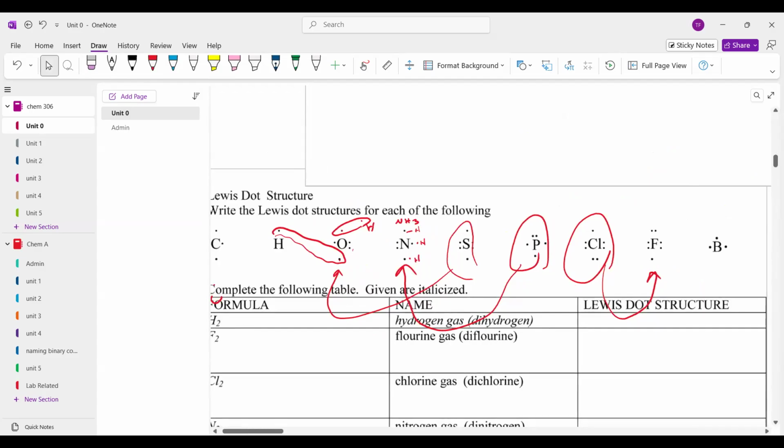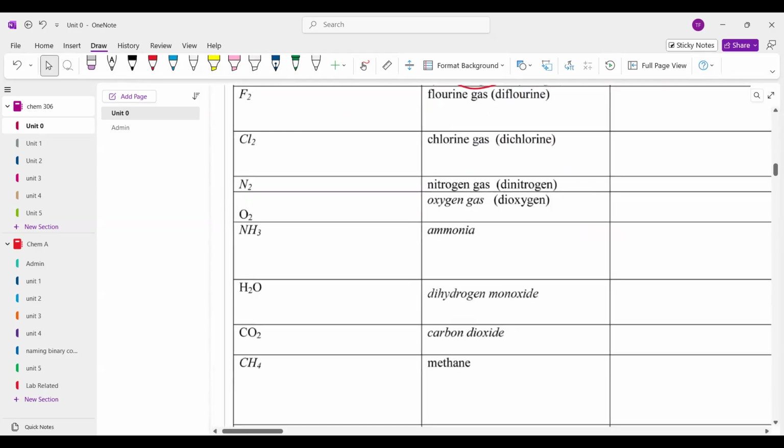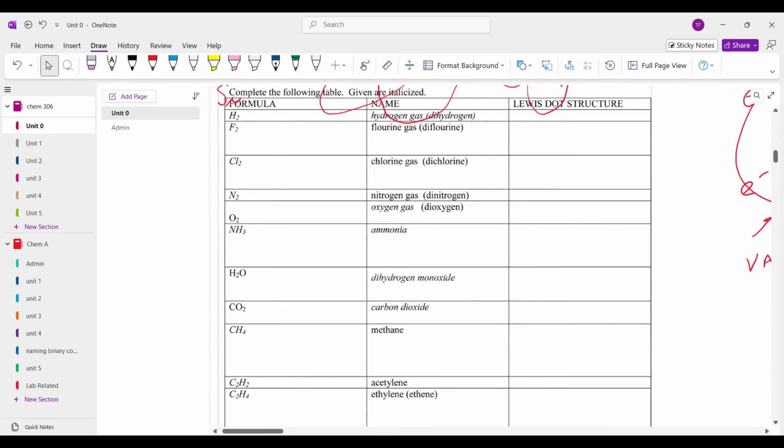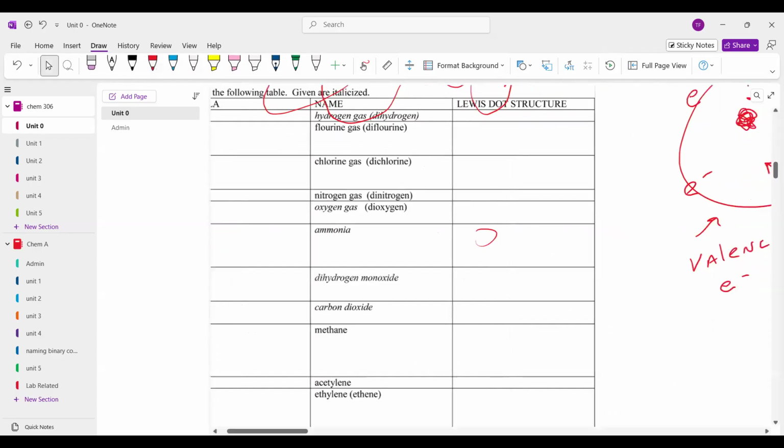Okay, so let's go and do some of these now. The idea here is you have a formula, and here is going to be the dot structure. This is how I teach this.